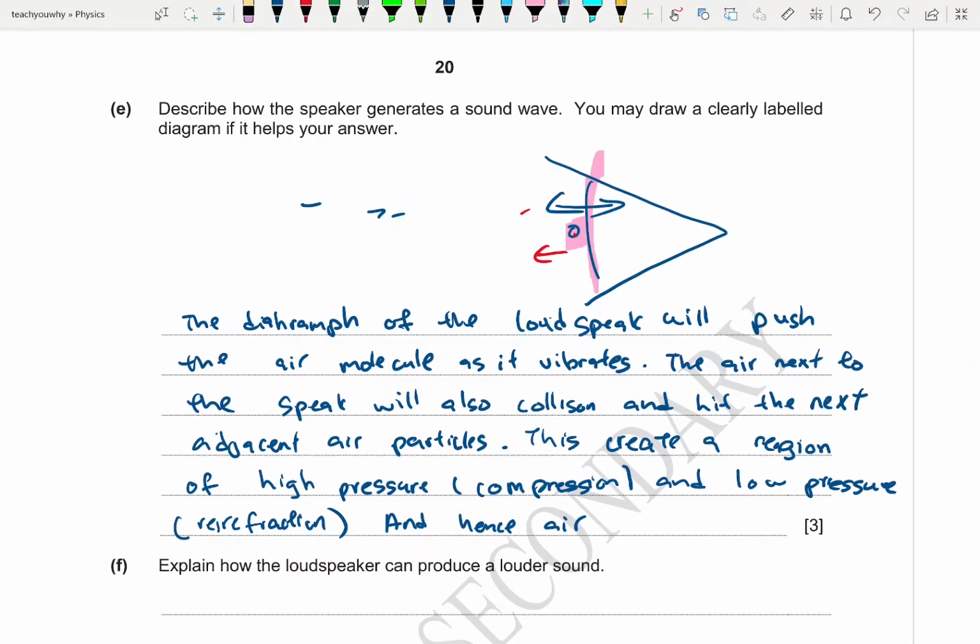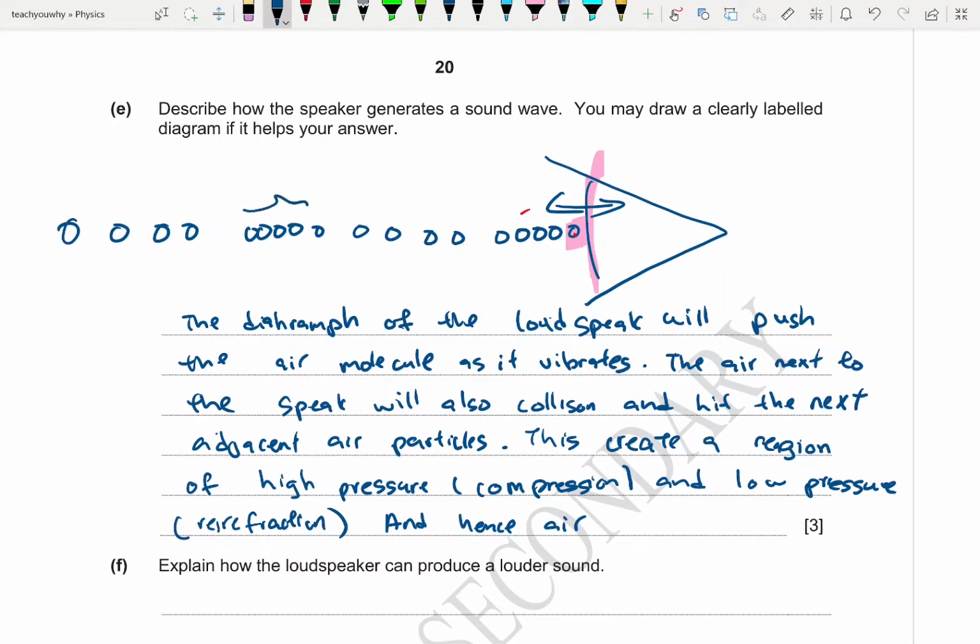It's not very nice. So how you should draw is something like this. You have your compression first, then your rarefaction, and then you draw again your compressions and then your rarefactions.